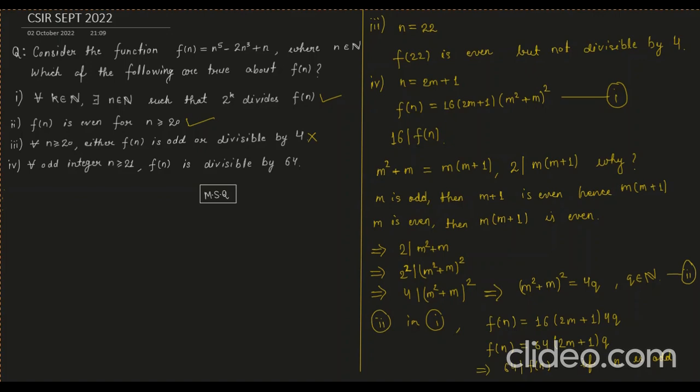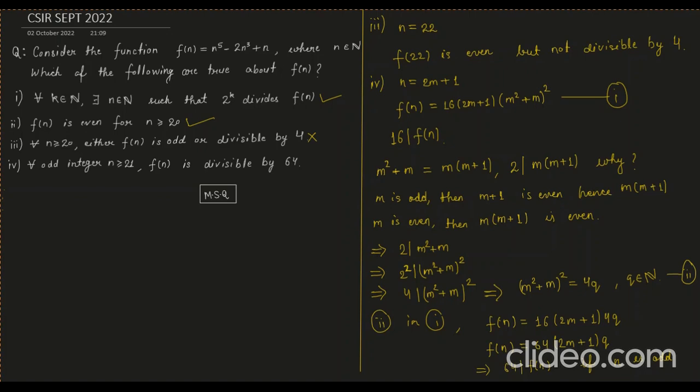For any odd number you pick which is more than 1, it is always divisible by 64. Even for 1 it will be giving 0, so 0 is a trivial case. So leaving that, for any odd number you pick, 64 will always divide fn. Hence 64 will always divide fn if that number is greater than or equal to 21.